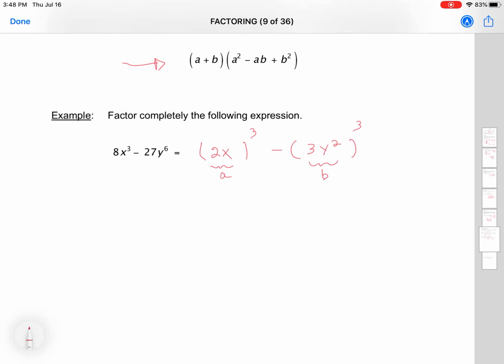So you apply the formula A minus B times A squared plus AB plus B squared.